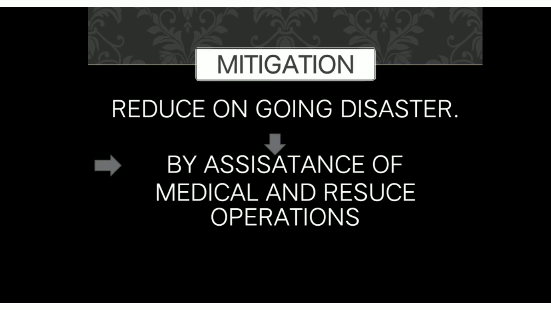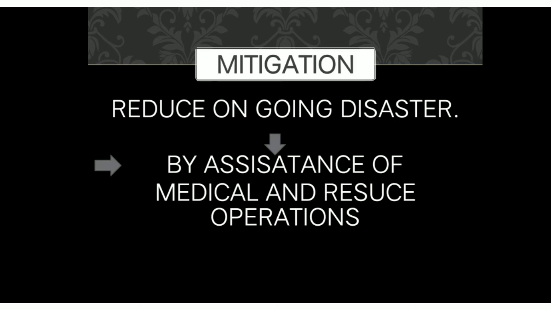If there is any earthquake, it causes much damage to construction, and it causes a loss to public and private property as well. So what we do is vacate those places in order to reduce the human loss, because there we can't do anything other than saving human life. We can't protect any building from falling down during the earthquake. All we can do is save human life. That can be done in this mitigation process.